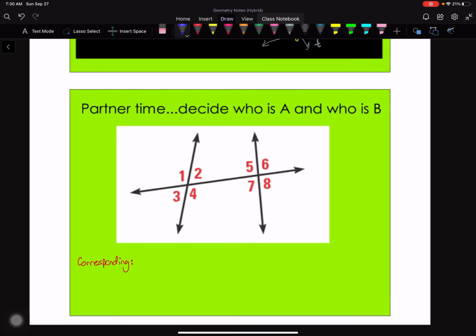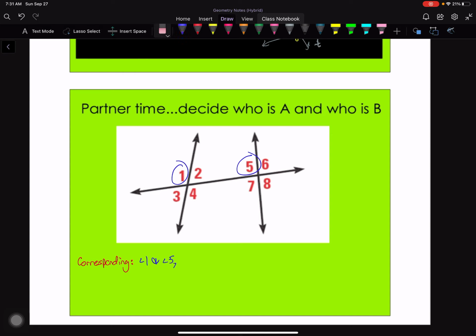So, for example, we're going to have all kinds of corresponding angles here. We could say angle 1 is to the left and above my transversal. Angle 5 is to the left and above the transversal as well. So they're in the same position, just on different lines.